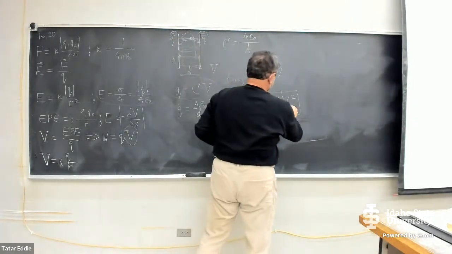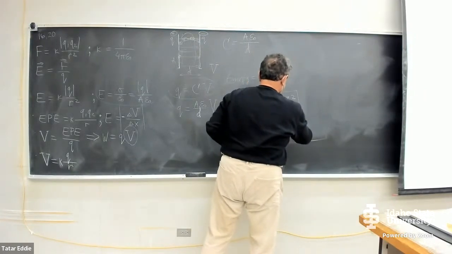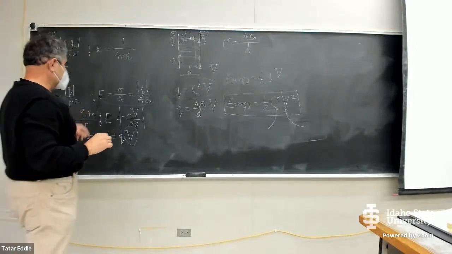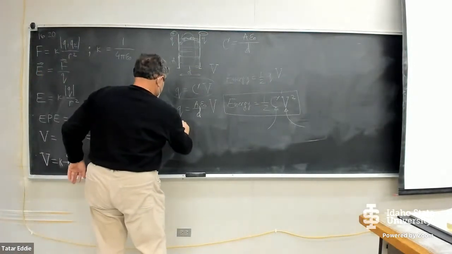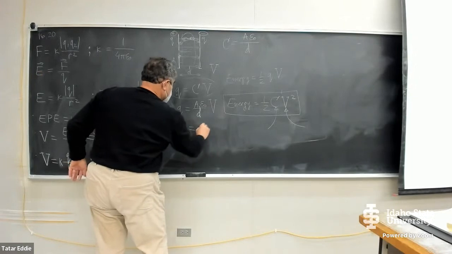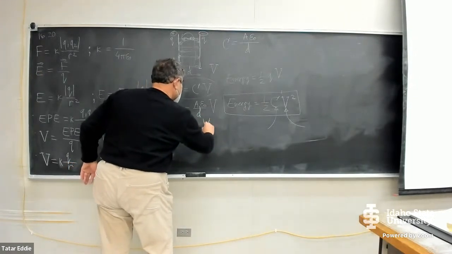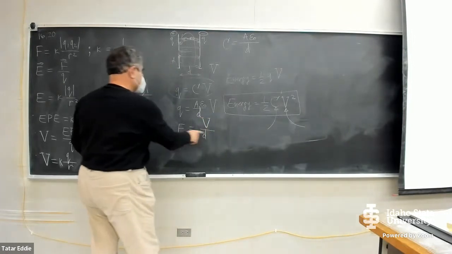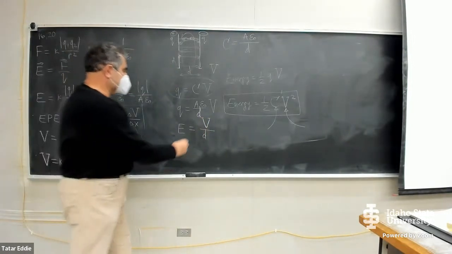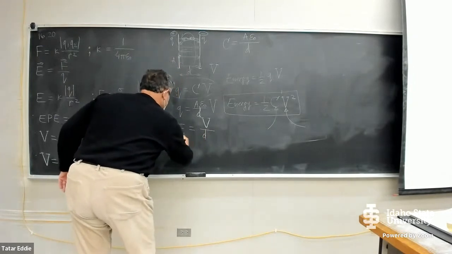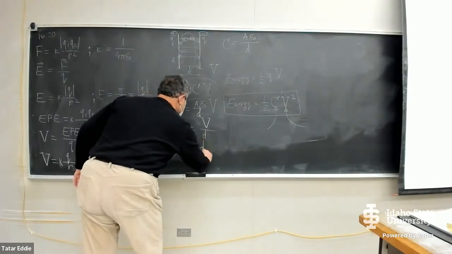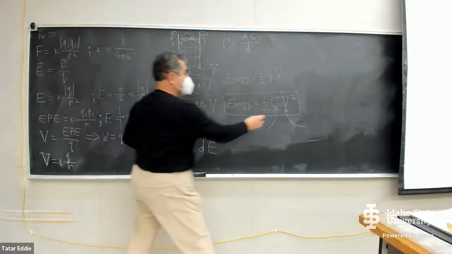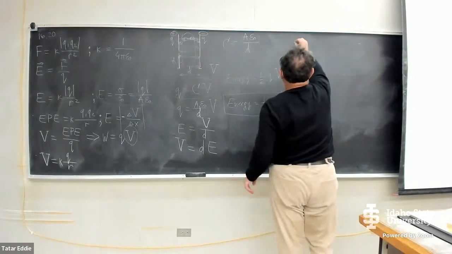Also, substitute the voltage between the plates with the expression which says that voltage divided by distance gives you electric field. In other words, voltage is distance between the plates times electric field. So substitute this for V and look what you're going to get.